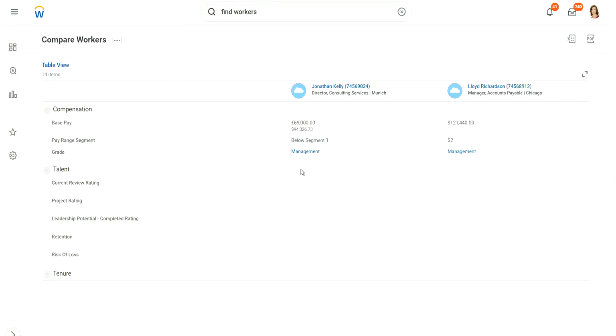Anyway, just by looking at this, we can tell whether someone is underpaid or overpaid. We have the amount, 69,000 euros, but how do we understand if 69,000 euros is good or bad? So you look at the pay segment and then you can decide how this compares in terms of his peers or other people in this particular compensation grade.